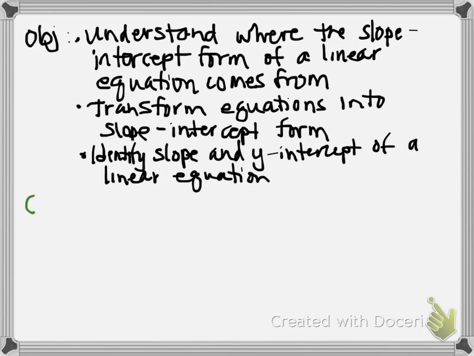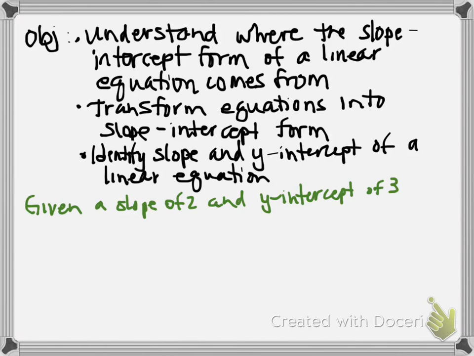So we were given a slope of 2 and a y-intercept of 3, the same information we had on our explore activity. We're going to rewrite that y-intercept as an ordered pair.